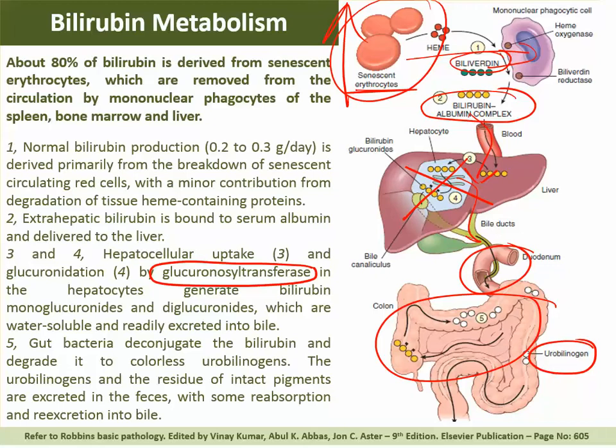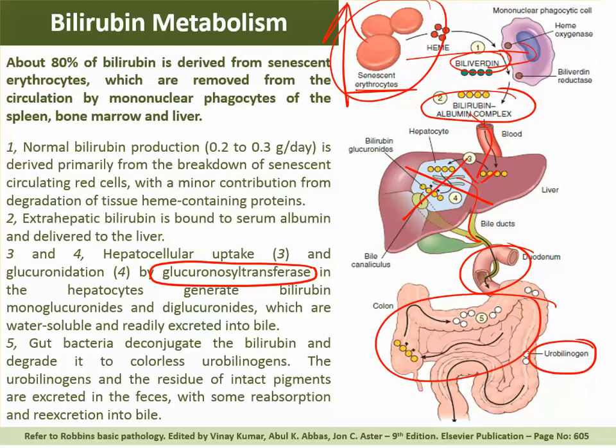So unconjugated bilirubin will be increased. It will be supported by increased AST and ALT, the enzymes which come when there is liver cell damage.